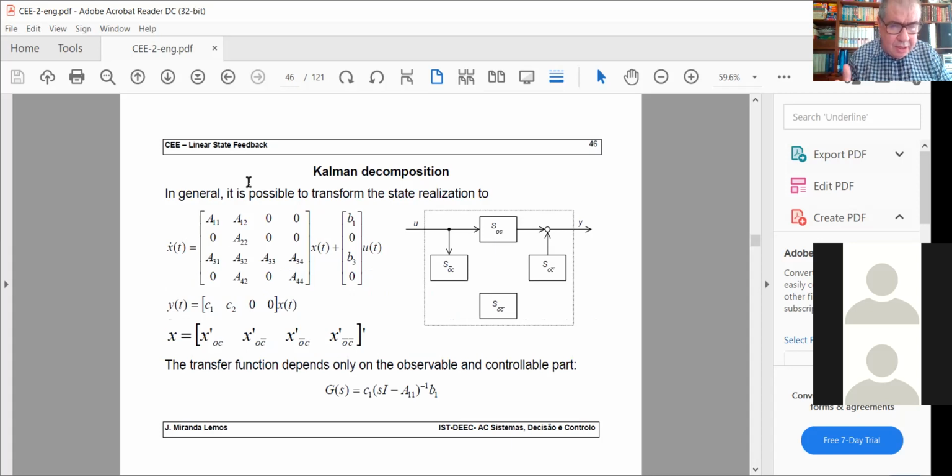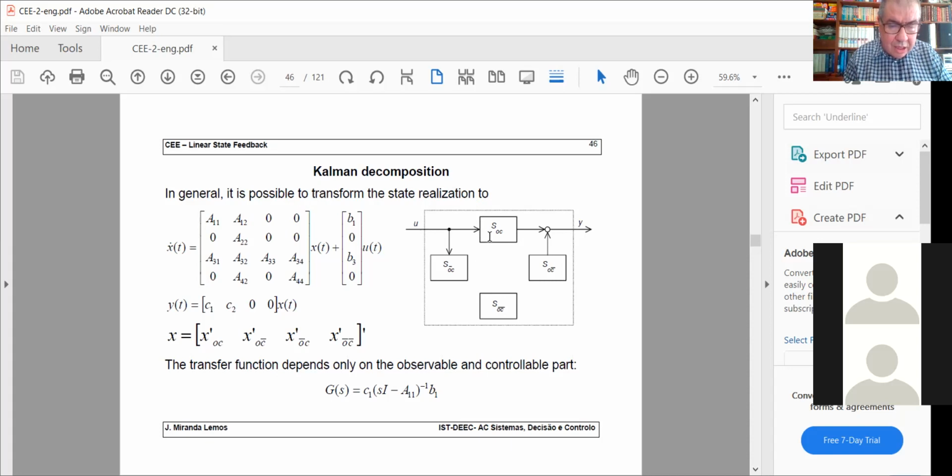if you have a general system of order n, you can do a state transformation, a coordinates transformation, so that the state changes and the equations change, and you end up with a new state for which you have this structure. You have one part which is observable and controllable that connects the input with the output.